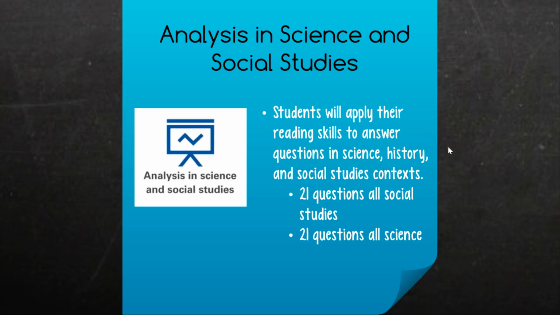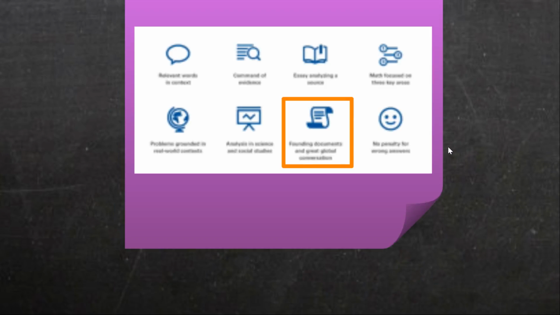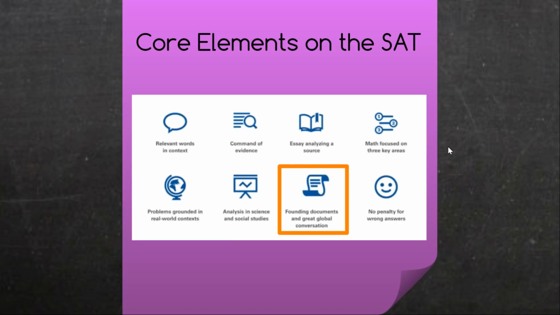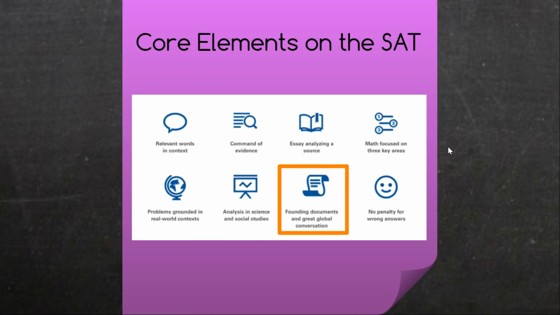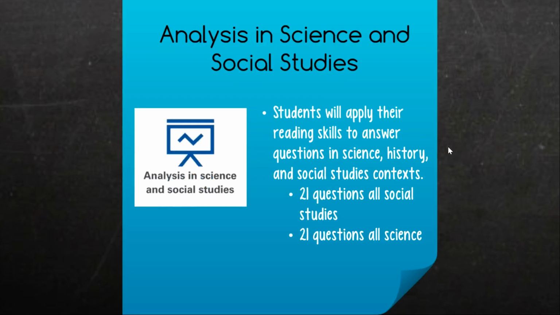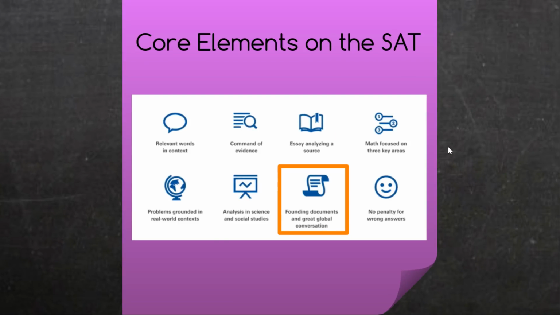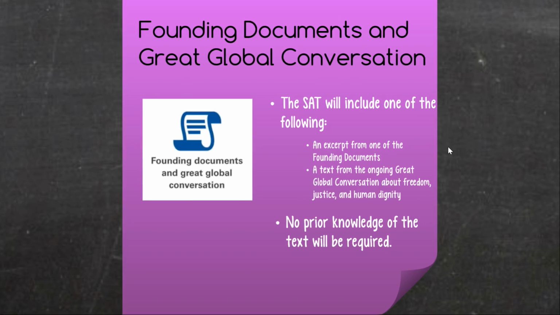Analysis in science and social studies, students will apply their reading skills to answer questions in science, history, and social studies. So this is a way for us to look back at the core elements and see, okay, well, which elements are associated with the reading section, right? Okay, and founding documents and Great Global Conversation has a lot to do with the reading section.